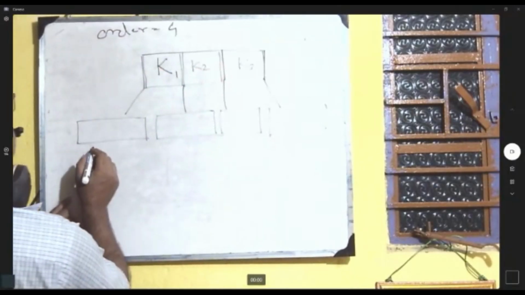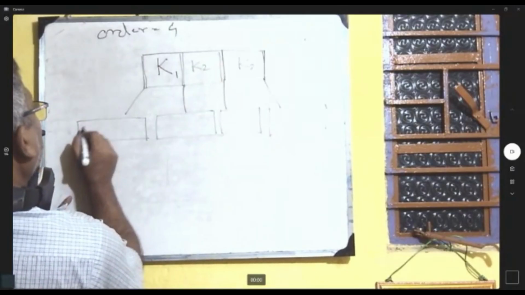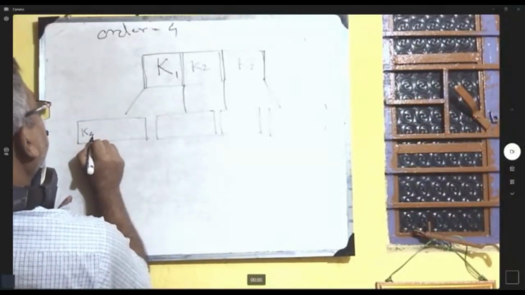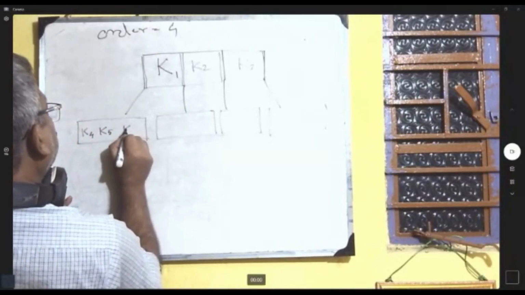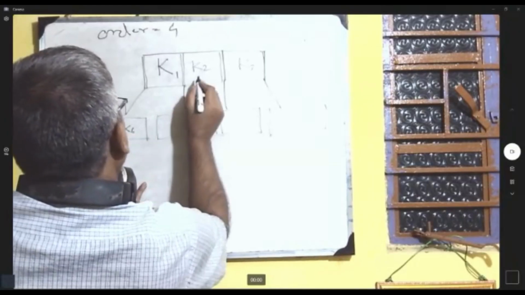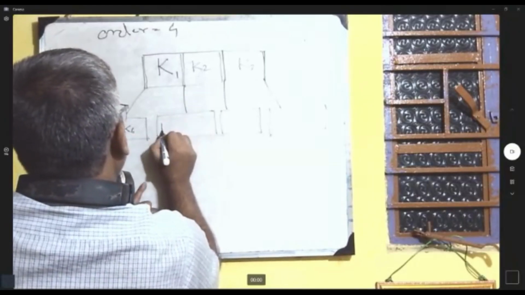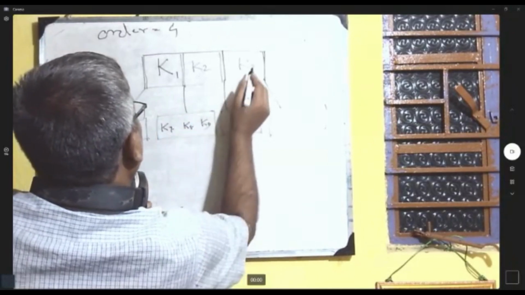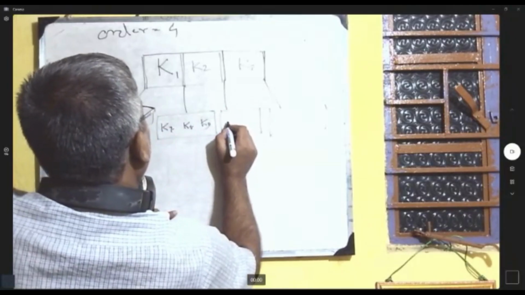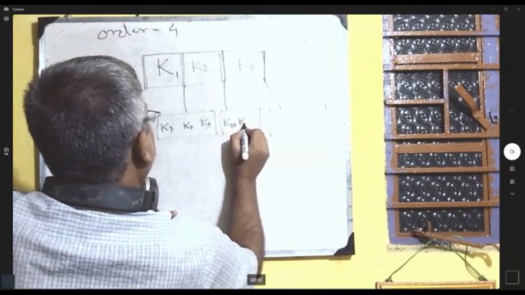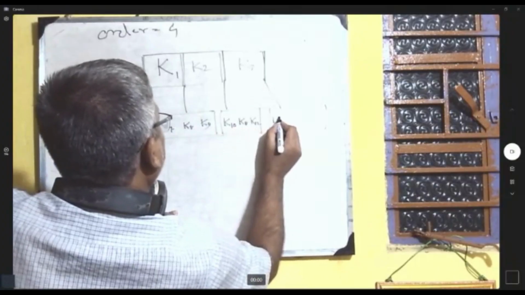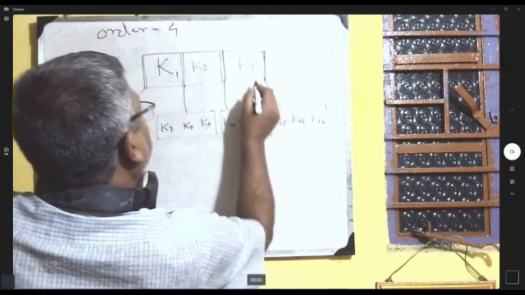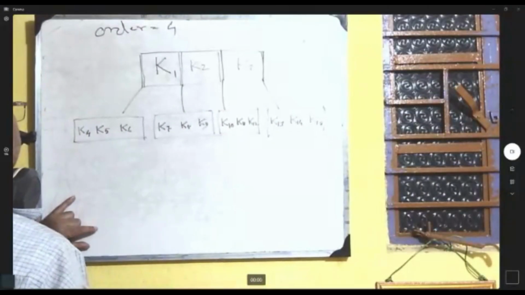The left child of K1 has the values K4, K5, and K6. The child between K1 and K2 has K7, K8, K9. The child between K2 and K3 has K10, K11, K12. And K13, K14 and K15 is the right child of K3. So the values are arranged in this way.